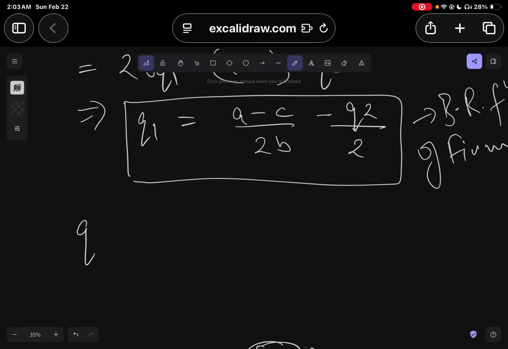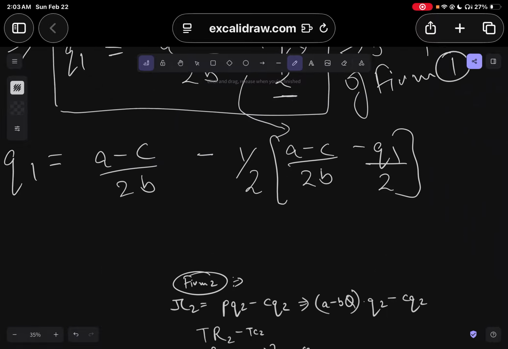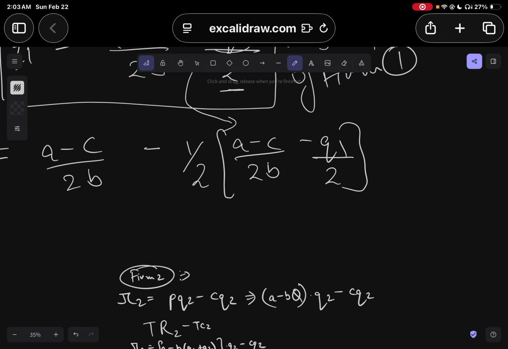Then Q1 will become A minus C upon 2B minus Q2, and we'll write it as 1 by 2 times A minus C upon 2B minus Q1 by 2. Just so that everyone knows, I took 1 by 2 out of this, and for Q2, I just wrote the best response function of Q2 from here as it is.